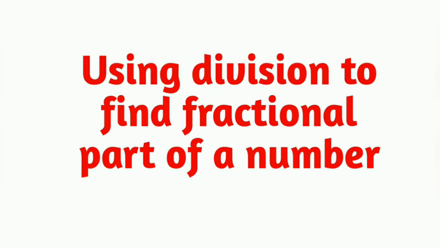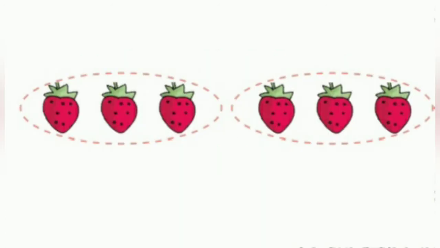Let's find out the fractional part using division. Here you can see Shalini had 6 strawberries. She ate 1/2 of them. So how many did she eat?